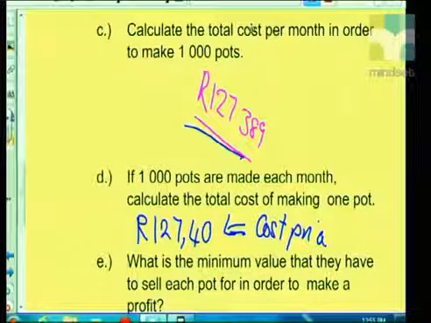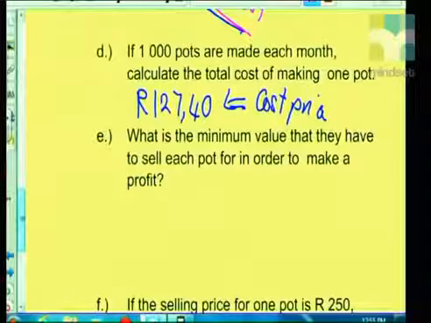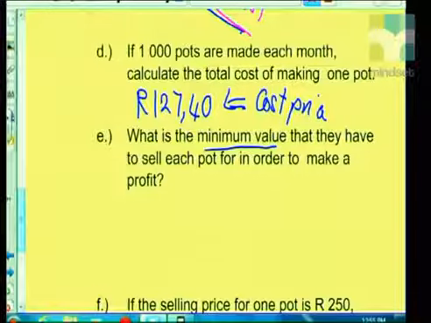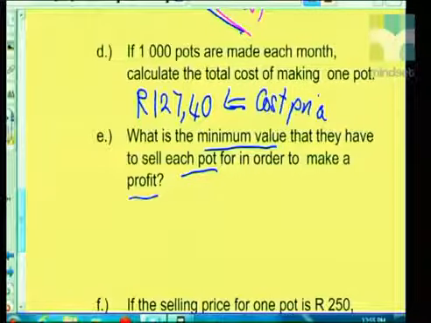Okay, let's go on to the next one. And we're going to say, what is the minimum value that they have to sell each pot for in order to make a profit? Well, there we've got it. The minimum cost of making the one pot is 127 Rand 40. That's the minimum.